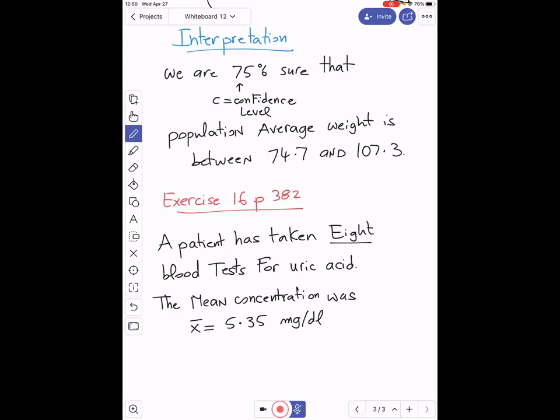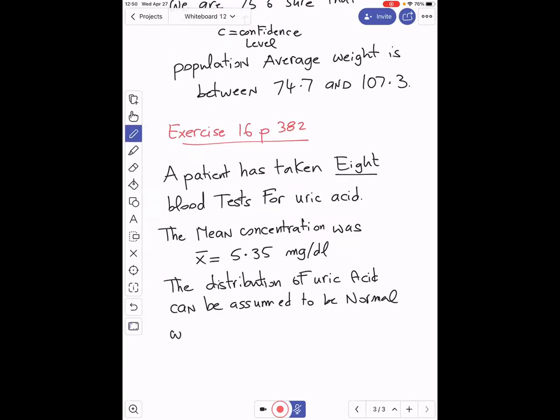Then it says the distribution of uric acid in healthy adults can be assumed to be normal, with sigma, the population standard deviation, equal to 1.85 milligrams per deciliter.